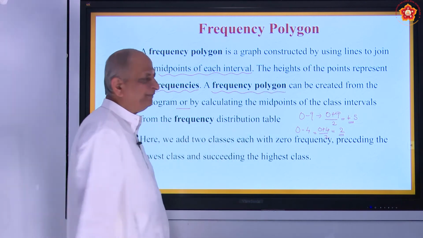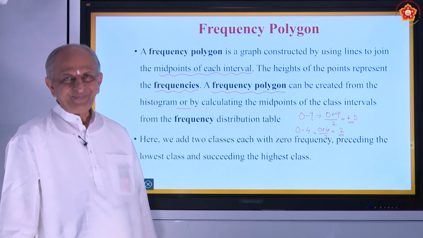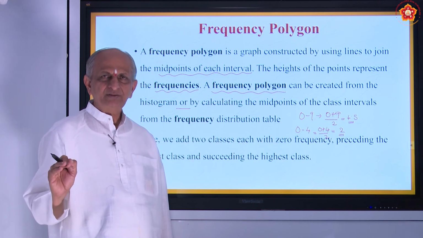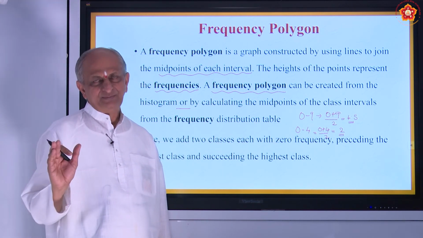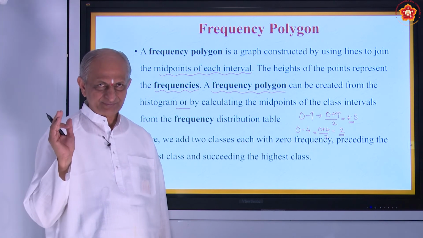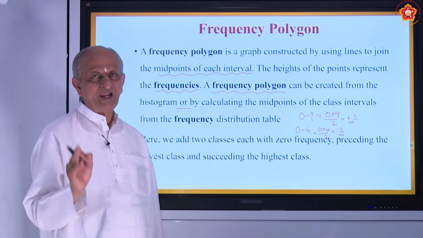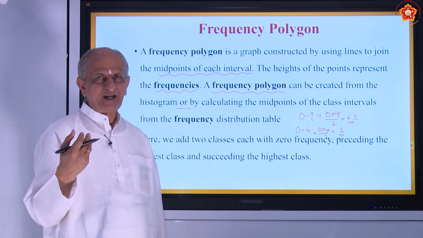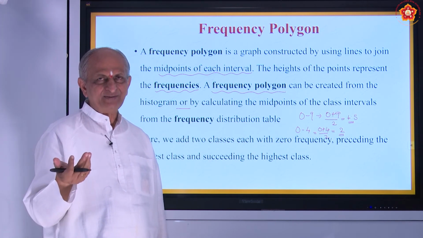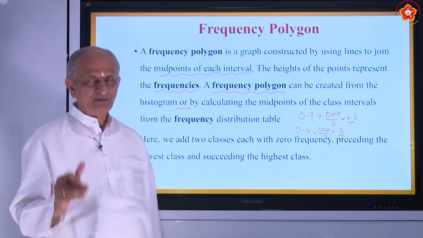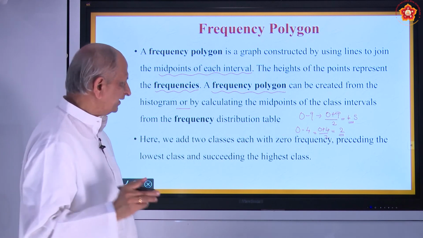What do you mean by polygon? A polygon is a plane figure having more than 3 sides. If 3 sides are there, it is called a triangle. 4 sides, quadrilateral. 5 sides, pentagon. 6 sides, hexagon, and so on. All these are called polygons.